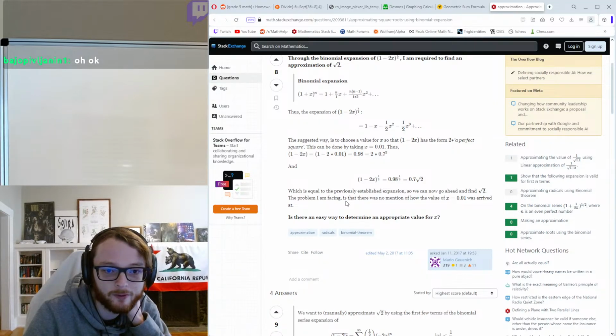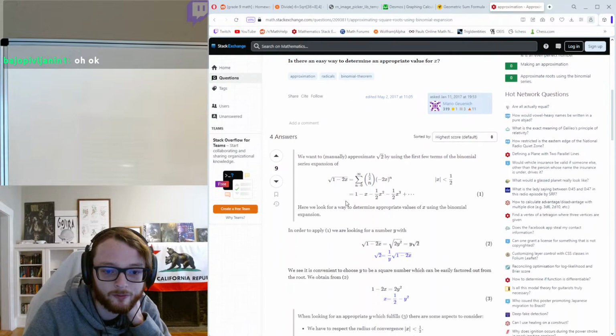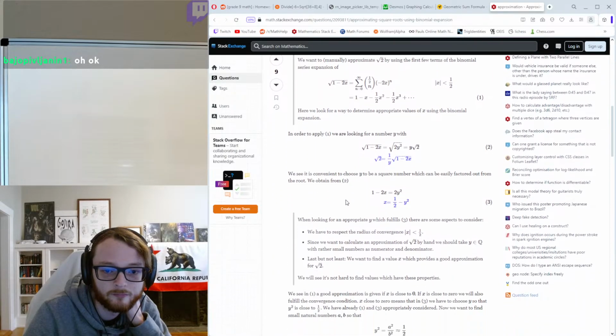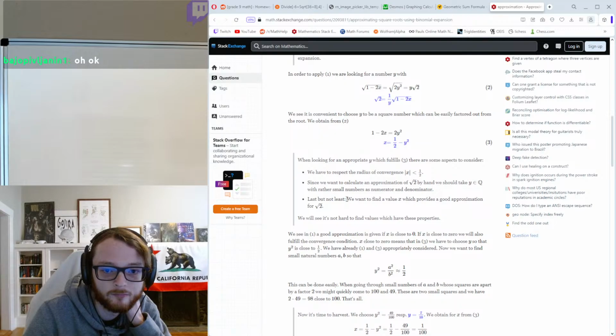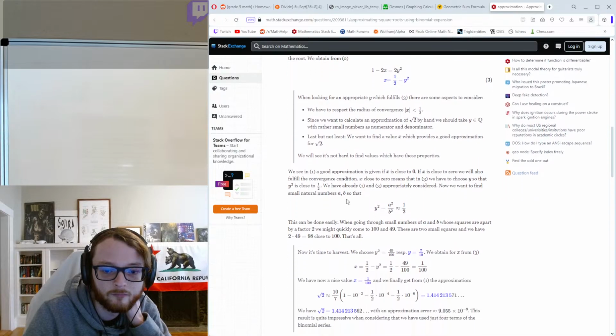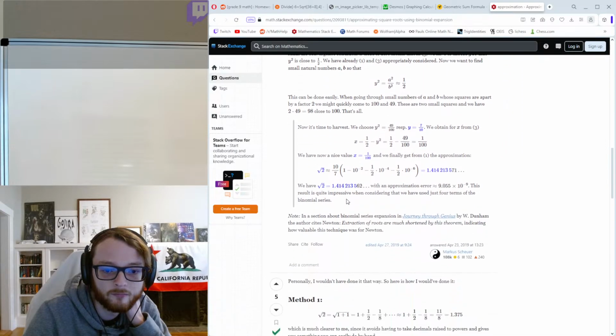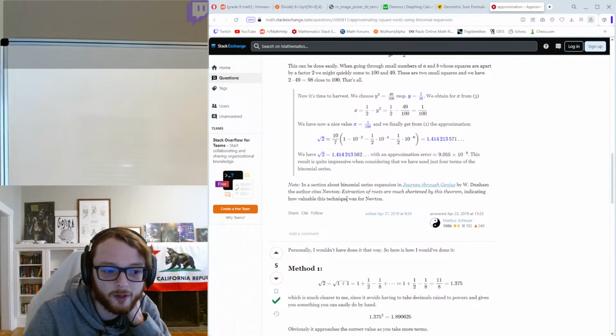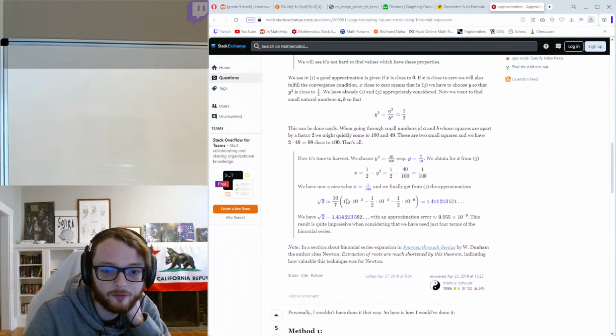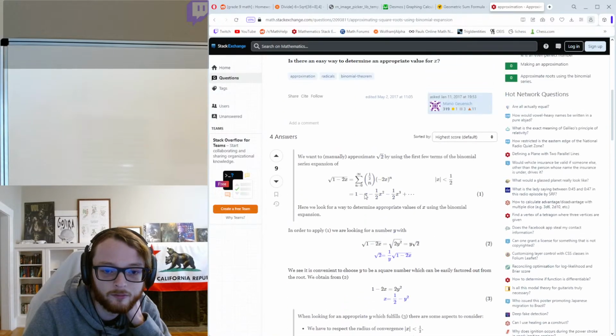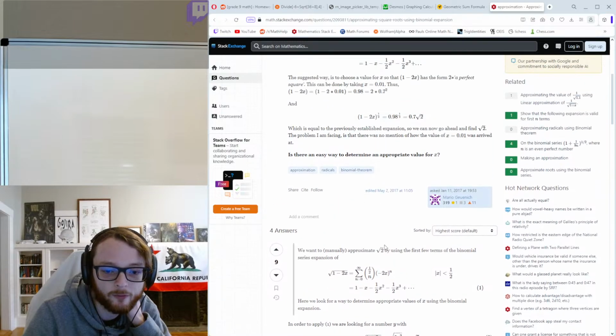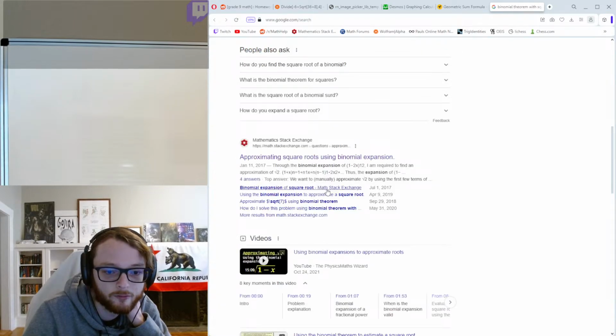Is it infinite? I guess that would make sense. Wow, do you really have to do all this? Oh no, that's for approximating root 2.